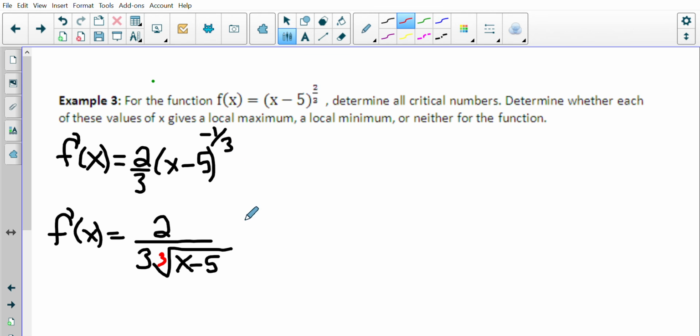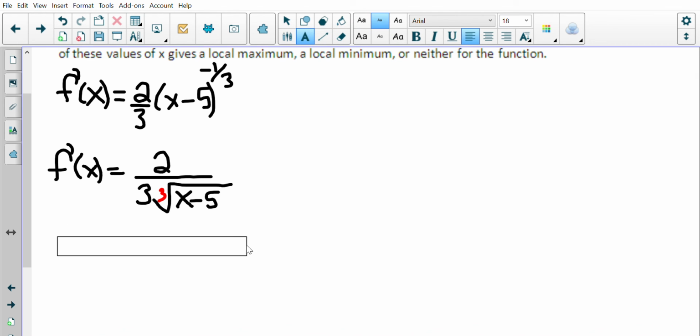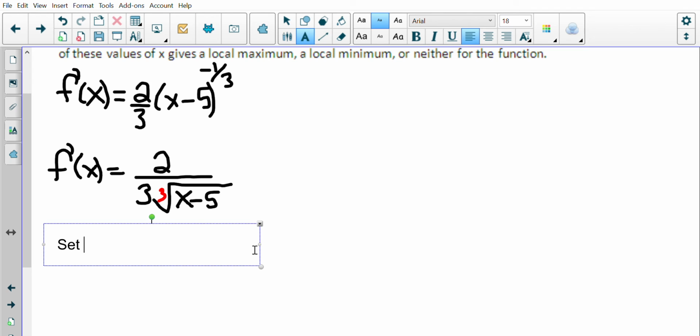That's what that 1/3 means, the third root of x minus 5. Now, just like I did before, I'm going to set our derivative equal to 0, but 2 is the numerator. And again, when we're looking to set our derivative equal to 0, we're just worried about the numerator.